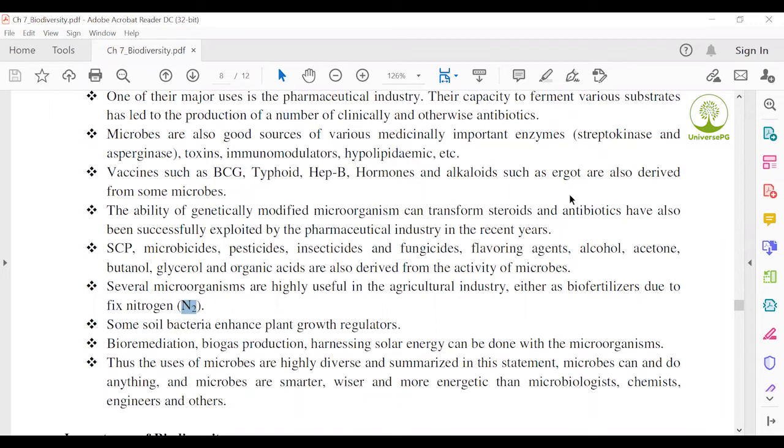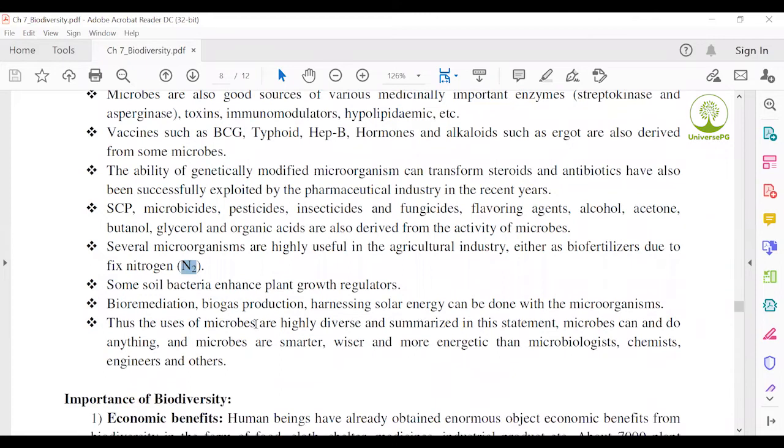This type of plant generally uses biological nitrogen with the support of different types of microorganisms such as cyanobacteria, azotobacter, nitrosomonas. These types of bacteria fix nitrogen in the formation of nodules in leguminous plants. Then plants use the nitrogen as an energy source. Some soil bacteria enhance plant growth regulators.